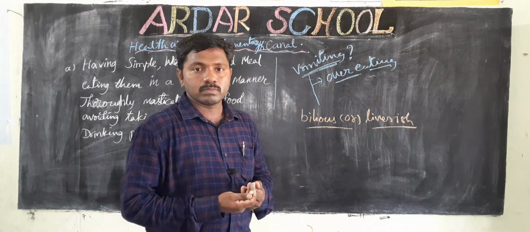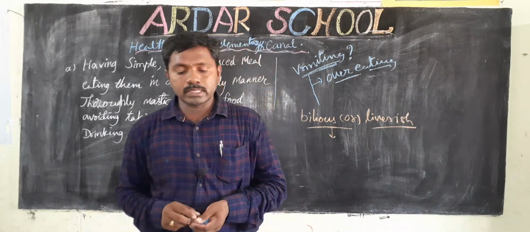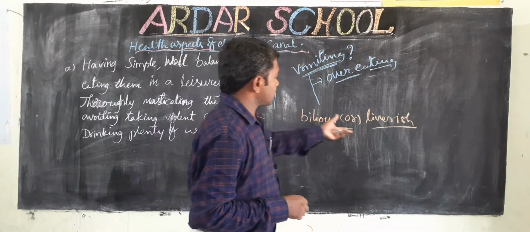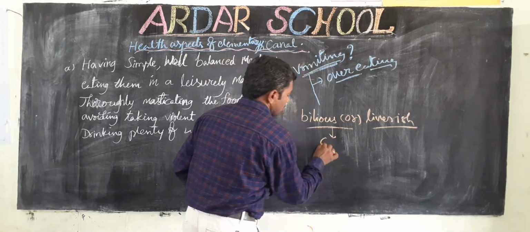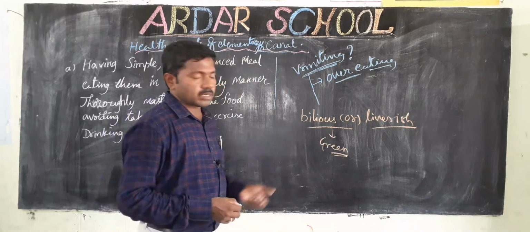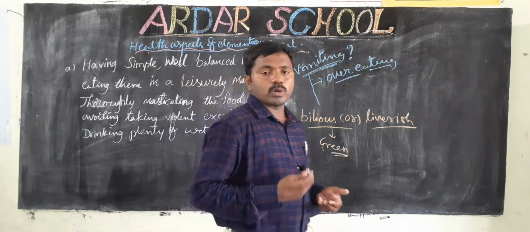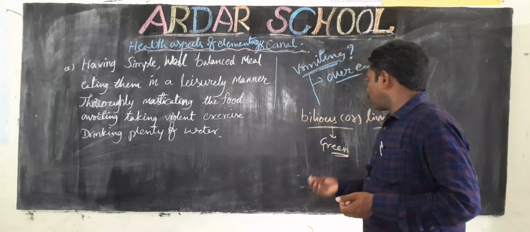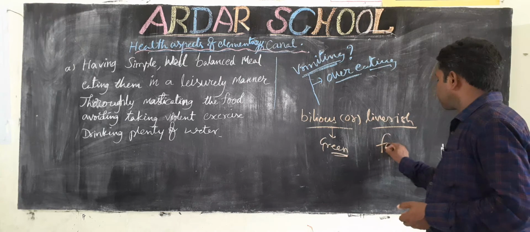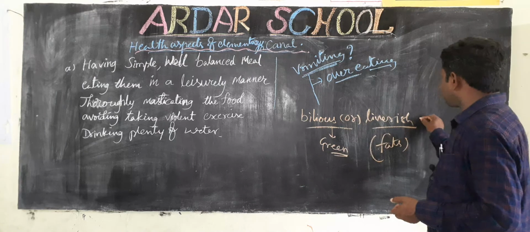Okay children. If you observe, the taste is bitter. Bilious or liverish vomiting has a green color. Why does it occur? If for a week or two you gradually take over-meals containing more fats, we get bilious or liverish vomiting.